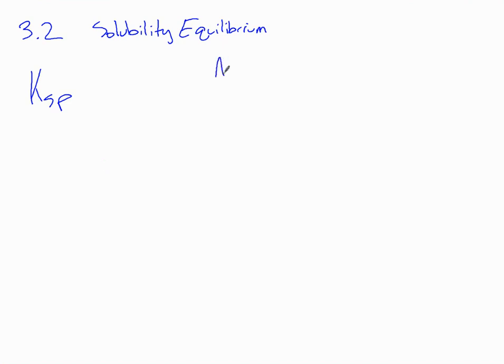All right, so if this is our solid salt, and you've got this written down already too, it becomes a cation and an anion. KSP tells us how much of these we're going to get versus how much is just going to stay as a solid.